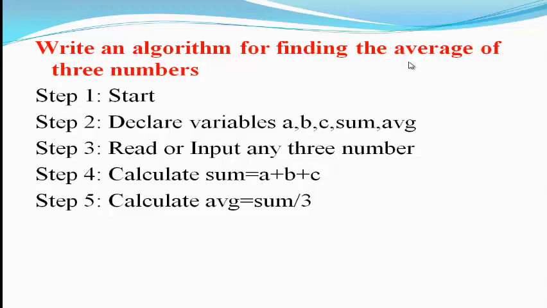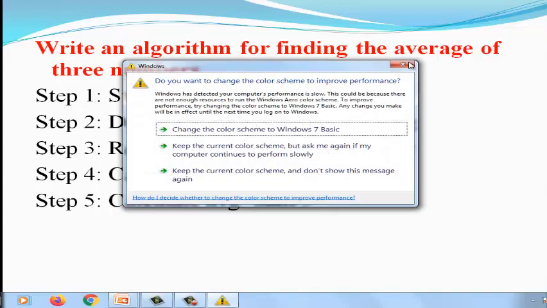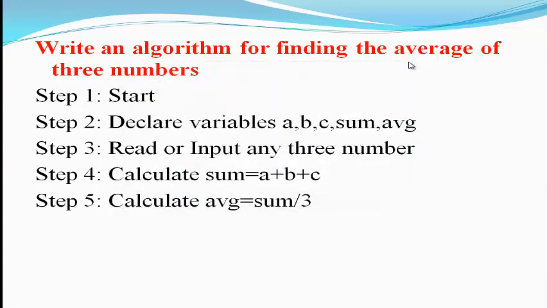Here in step 5, I store the average value in the average variable. That's why I write here calculate AVG. AVG is a variable. Average is equal to sum divided by 3. Why divide by 3? Because we enter three numbers.